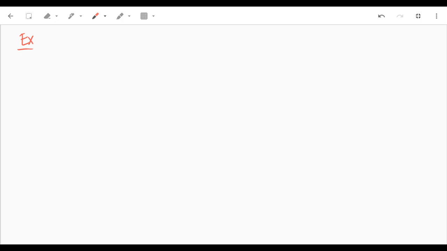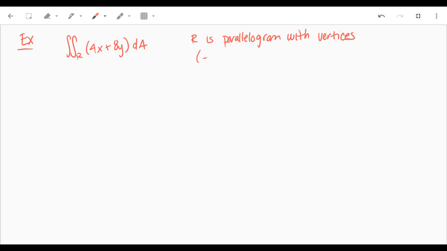We're going to do the integral over R of 4x plus 8y dA, where R is a parallelogram with vertices negative 1, 3; 1, negative 3; 3, negative 1; and 1, 5.